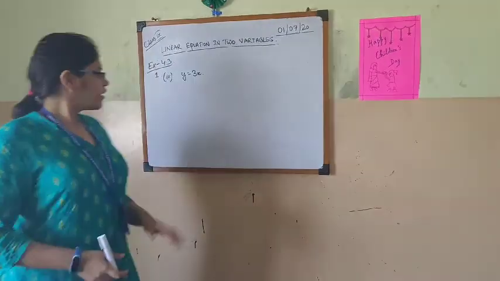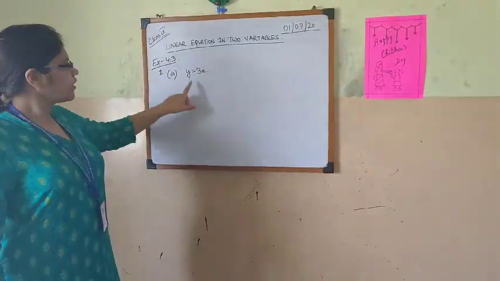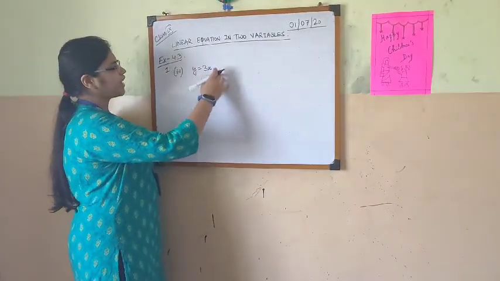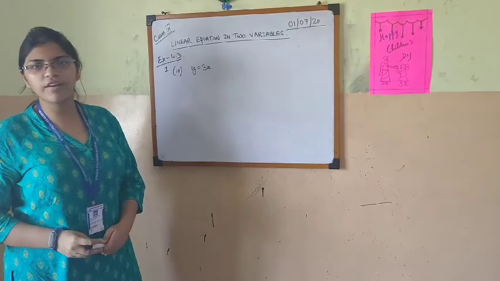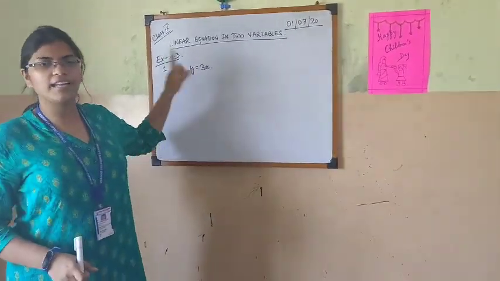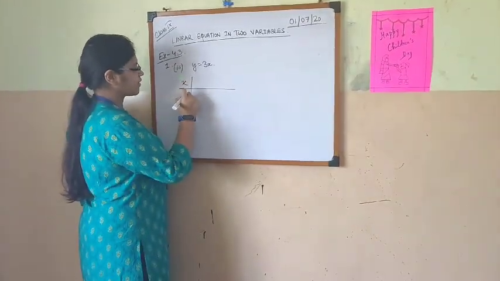Now the next one, from exercise 4.3, I am taking number 3. Here we have y equals 3x. Here x is the independent variable because y depends on x. So y is dependent and x is independent. Suppose I draw a chart again with x and y.